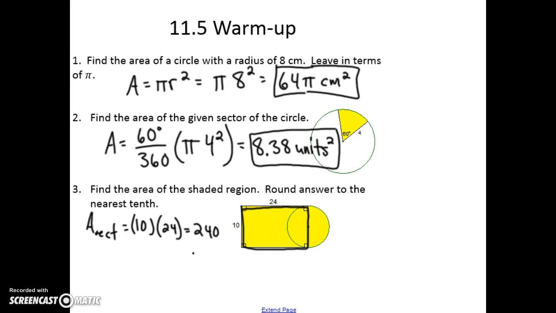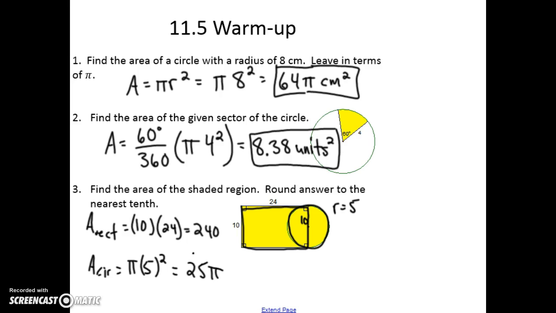And then I can find the area of the circle. I know this whole thing is 10. That means the radius of the circle is 5. And the area of the circle would be pi r squared, or pi times 5 squared. And make sure you do 5 squared, and we'll just leave it as 25 pi.